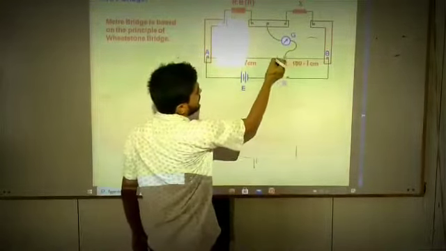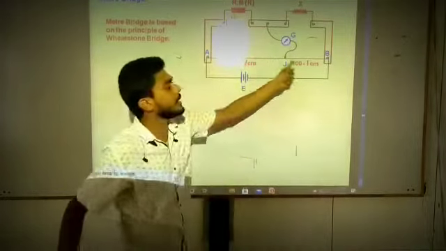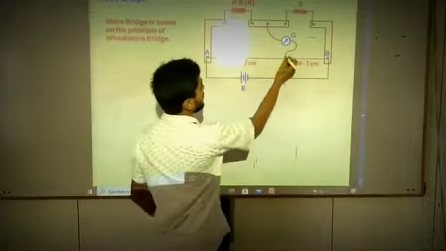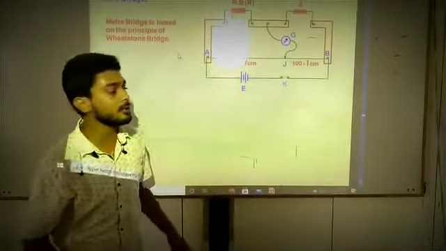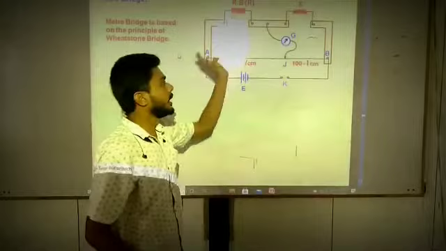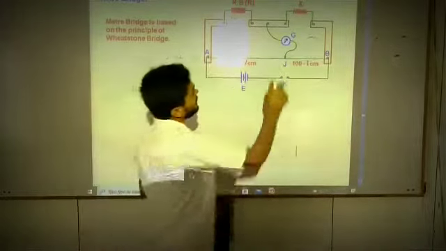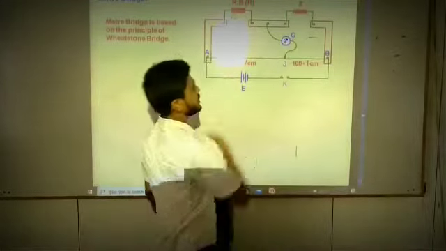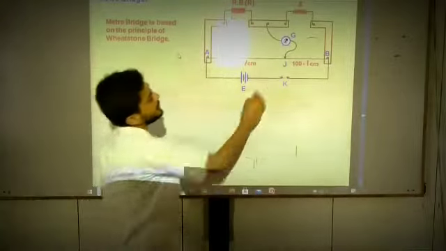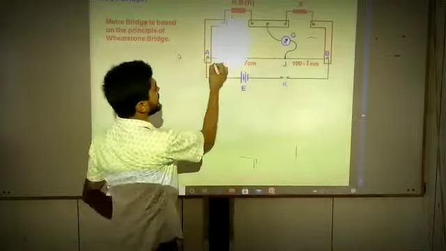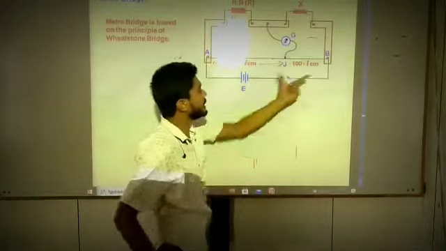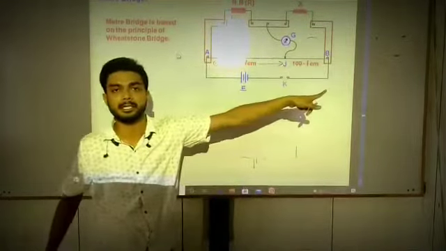You are going to search for a point on the wire AB where the galvanometer will show zero deflection. Zero deflection means it will not go left or right; it will be at its central position. Suppose the null point is obtained at length L. Then the remaining length will be 100 minus L centimeter.